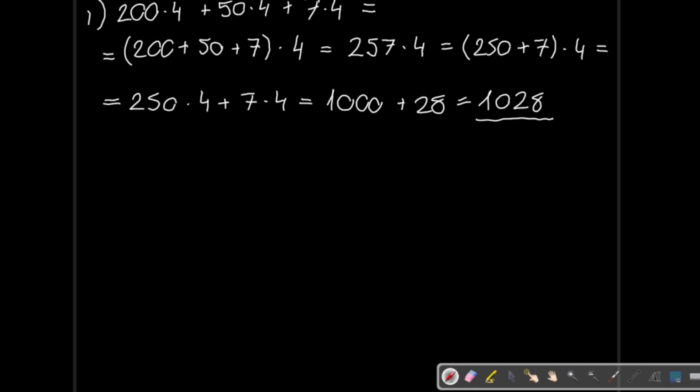The second way is obviously just multiplying each part. We have 3 parts here, separated by the plus sign.